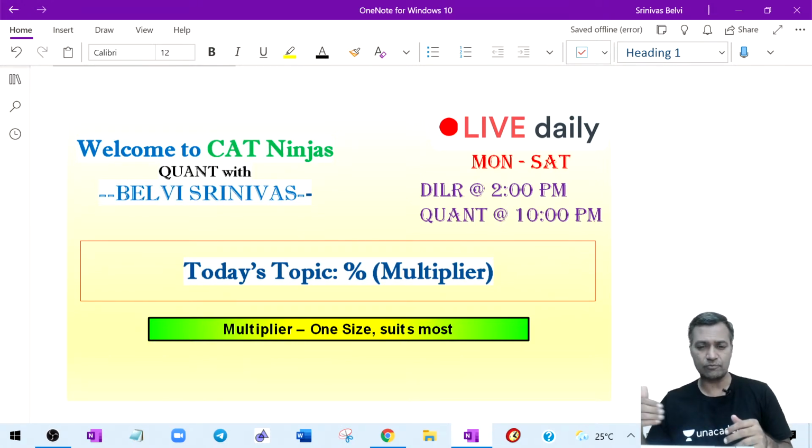By the time we reach the end of it, we will be hitting a sufficient depth. And by tomorrow, when I talk about the applications, we'll be hitting real depth at the CAT level. Whatever the crucial questions require us to do, and how we can unlock them using the multiplier, is what I'm going to speak about.